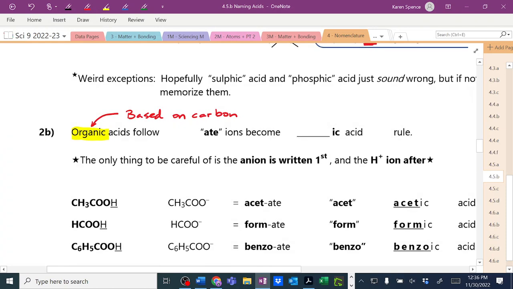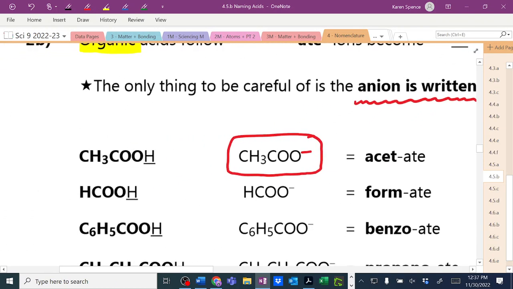Nothing new there. The only thing that is weird is that we write the anion first. So we have CH3COO minus and then we have the H plus. That's odd, yes? Strange. However, that's just how it is.